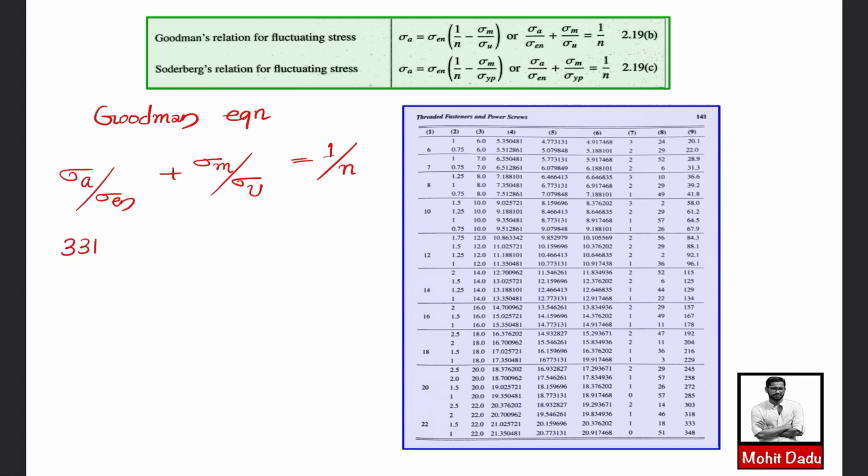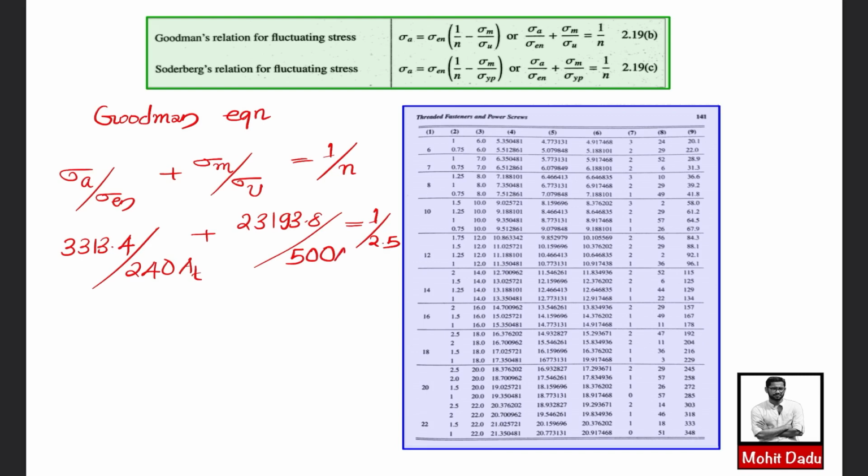So sigma alternating is 3313.4 divided by 240 megapascal plus sigma mean, 23,193.8 divided by the ultimate strength, which is 500 megapascal, equal to 1 by the factor of safety, 2.5.